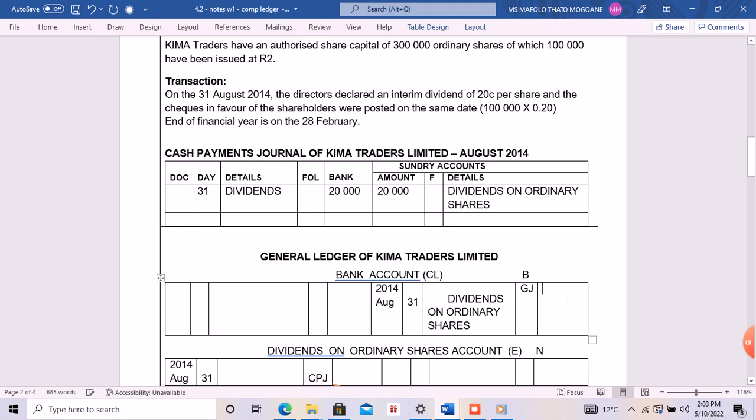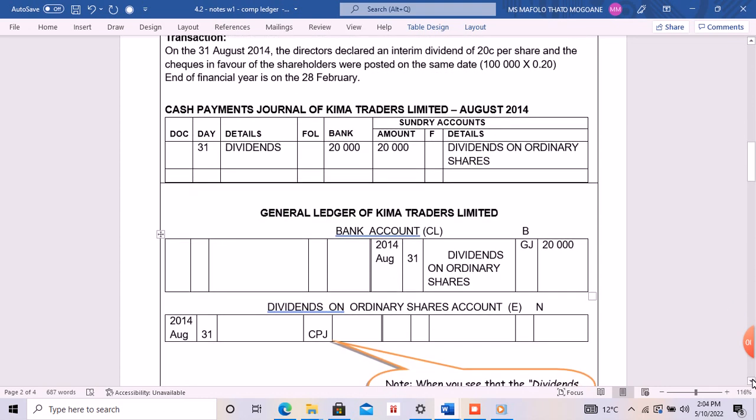Okay, we come back again. I want you to understand this part. Since we credited the bank account under dividends on ordinary shares, we are going to debit the dividends on ordinary shares account. The reason is that when the money goes out of the business bank account to the shareholders, the money in our bank account will decrease.